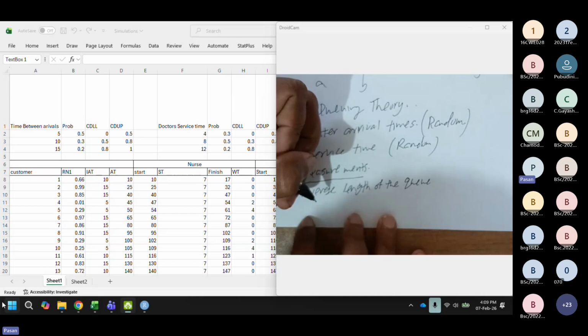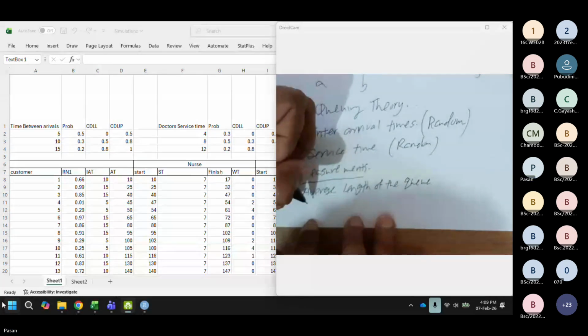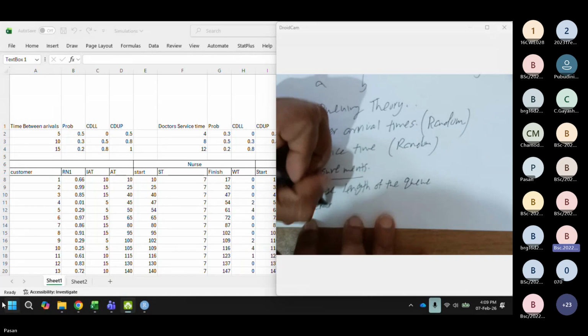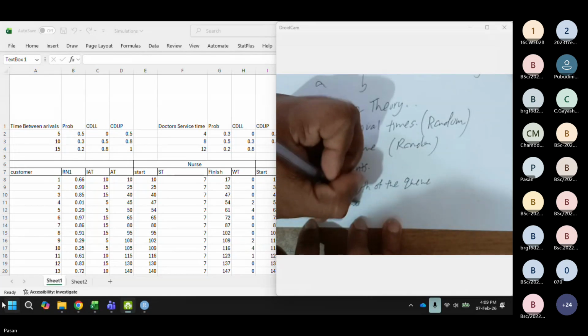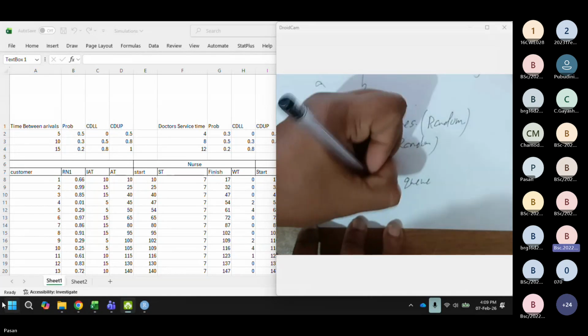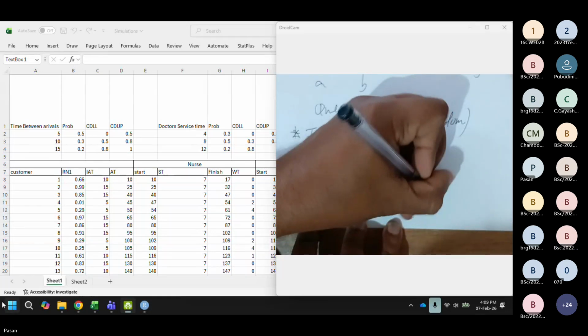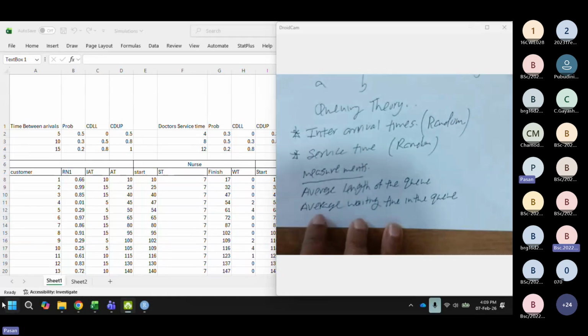And then the average waiting time, queue, and so on, right? So we can define some measurements like that. So we'll come to this, right? So we can define this average length and average waiting time and so on.